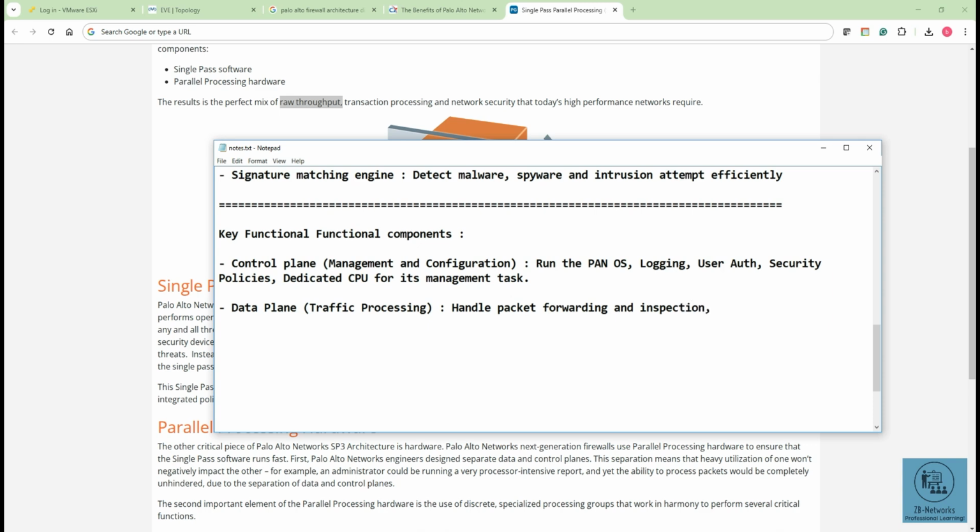It consists of multiple hardware engines like the NPU and SPU, the network processing unit and security processing unit, for parallel processing. It performs deep packet inspection and applies security policies.